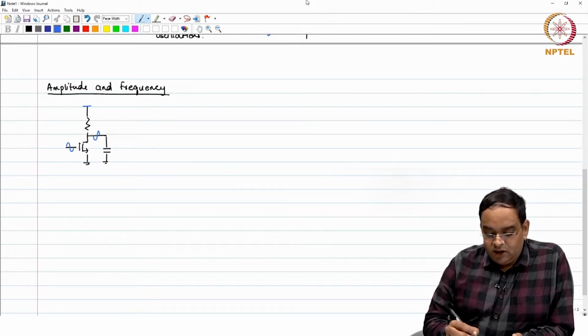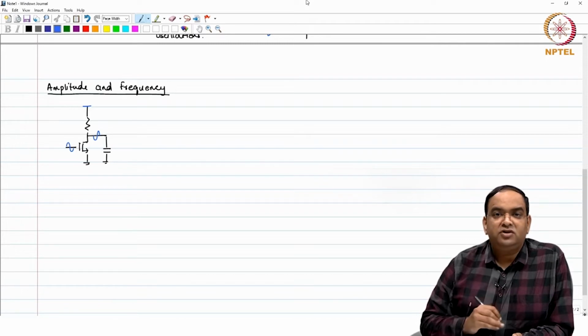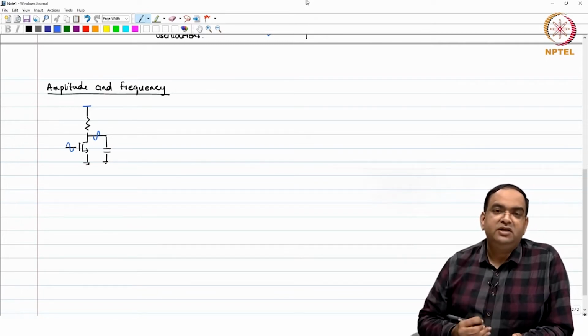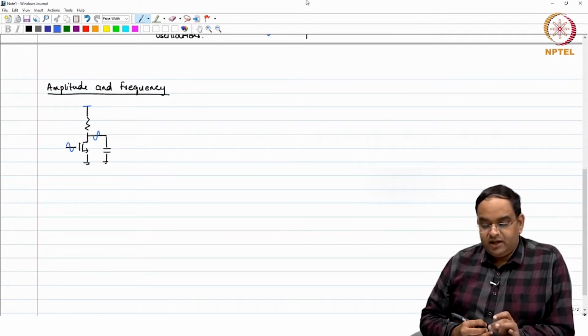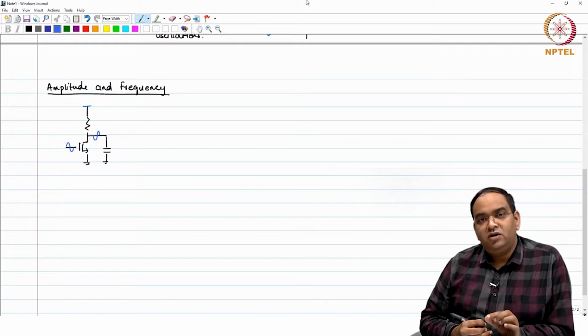The swing which you are going to get is not fixed. As we have seen, the transistor should remain in saturation region for linear gain model, and the swing is going to be very limited and which is not in your control.